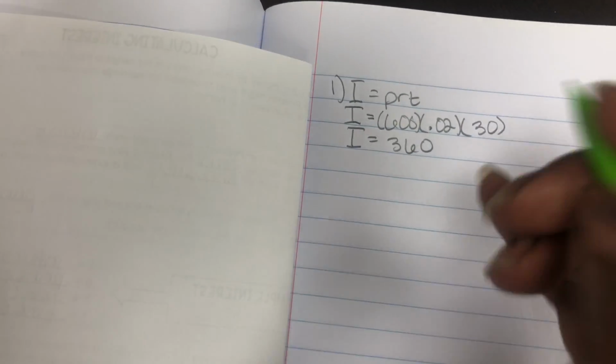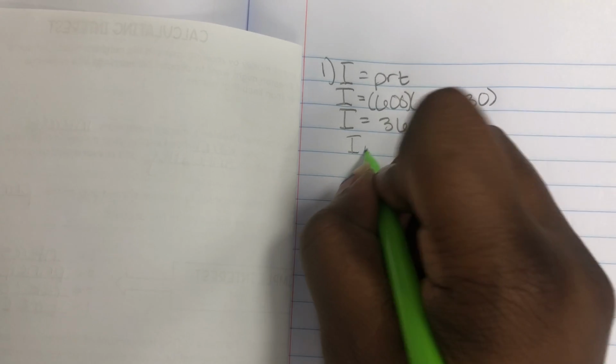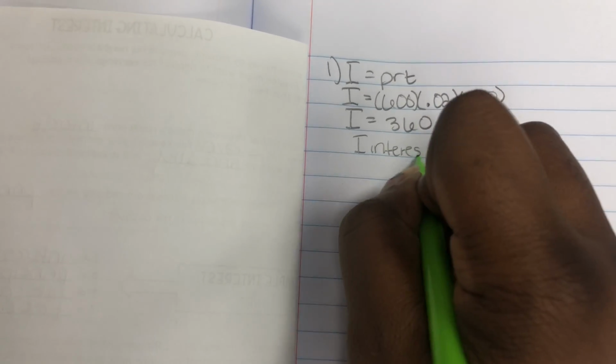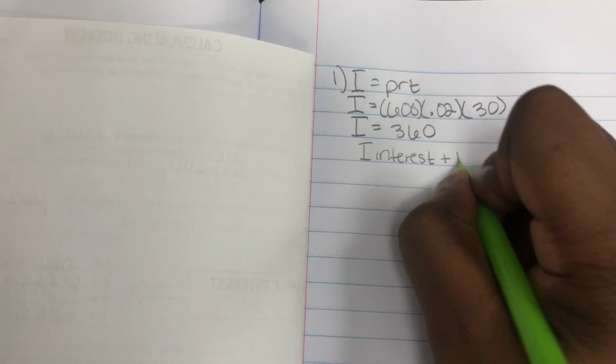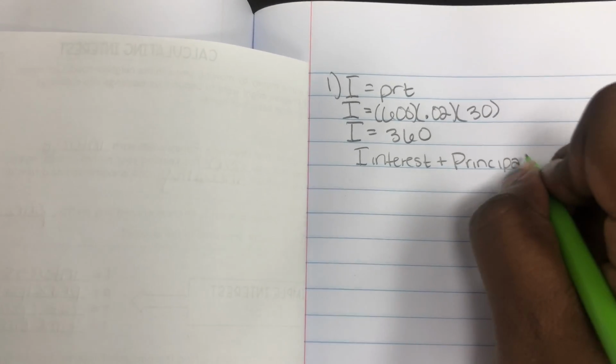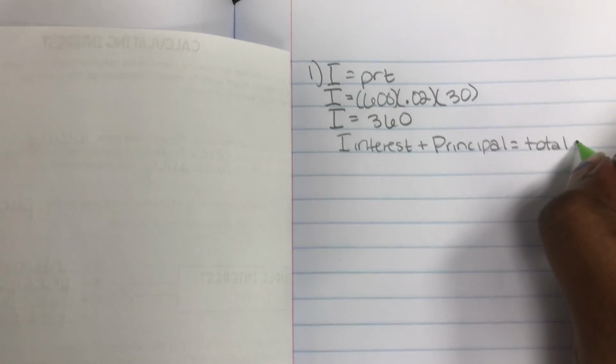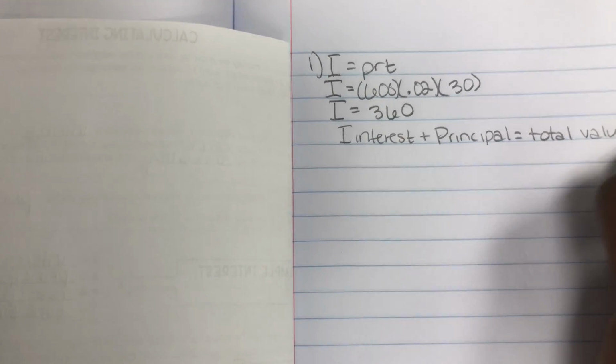So if I want to do that, then I'm going to take my interest plus principal equals total value.